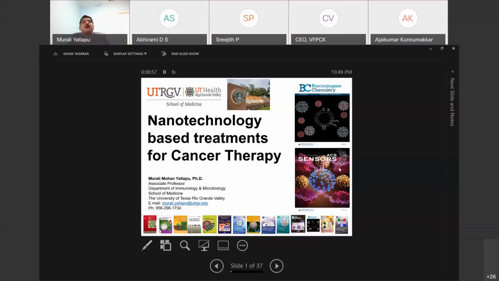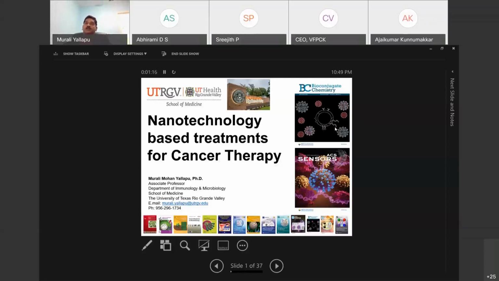Lately, we have also been thinking about COVID, how we can make better nanotechnology strategies for COVID. Also, you can see on the right-hand side, two of the latest of our works featured on cover pages.